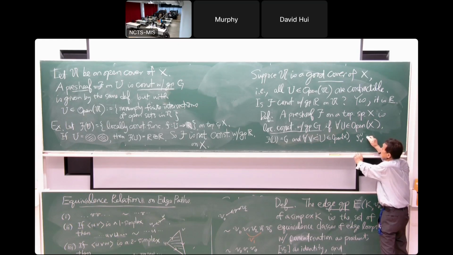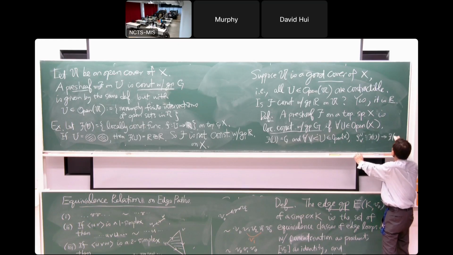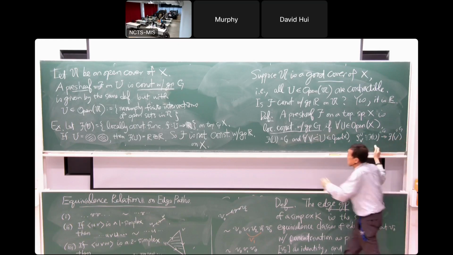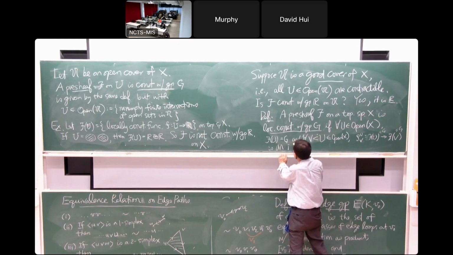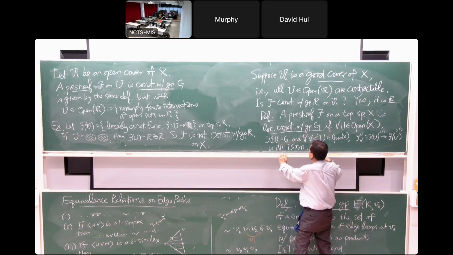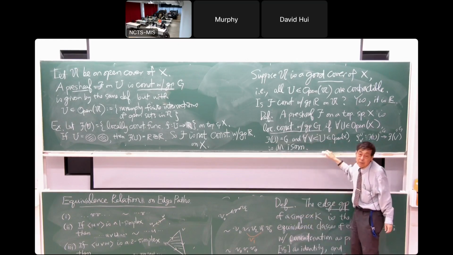So the restriction from F(U) to F(V), and both are G, is an isomorphism. So you don't require it to be the identity.